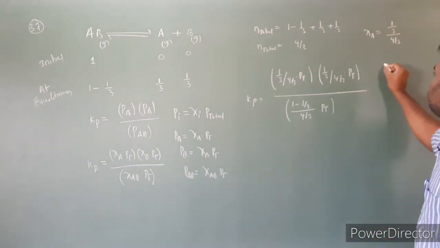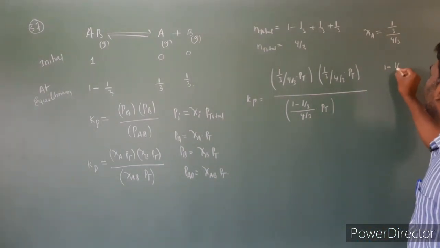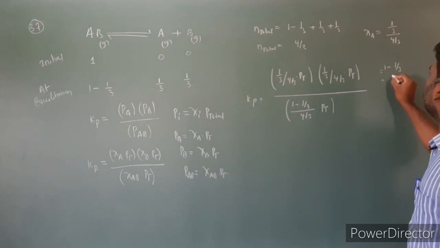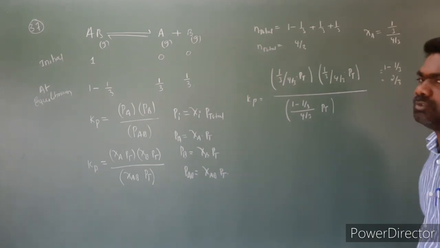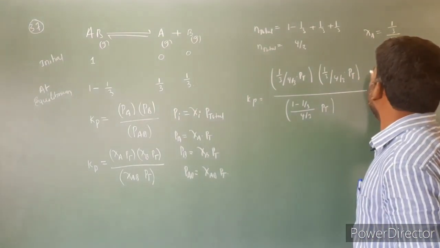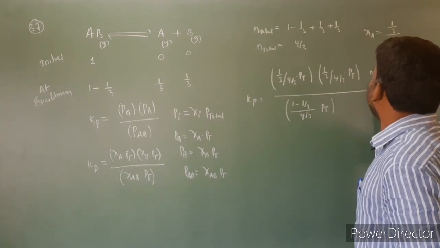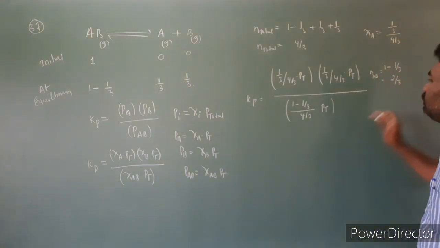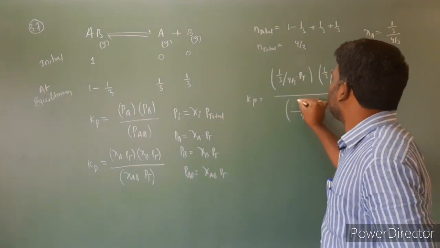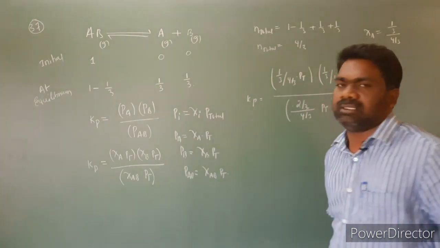Here 1 minus 1 by 3 equals 2 by 3, so the number of moles of AB is directly 2 by 3.